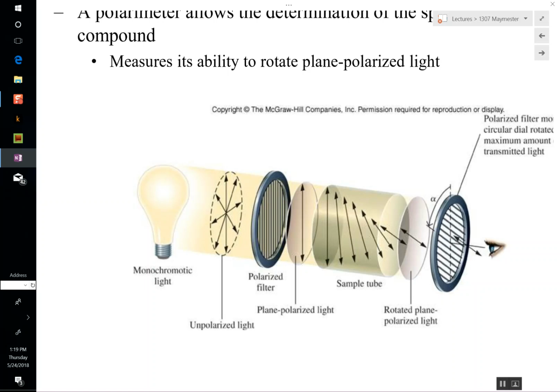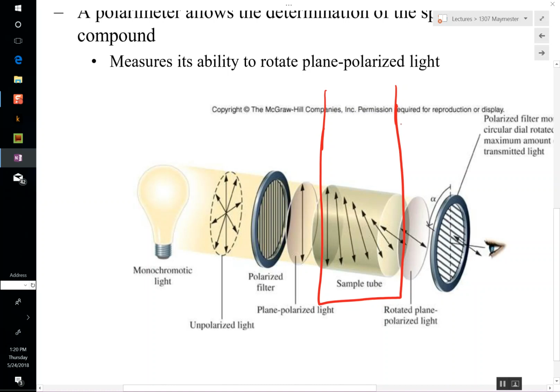Right here would be a little container, like a test tube or a cuvette, with your glucose in it, in water. It's in solution, and you pass polarized light through it. The polarized light coming through one particular isomer of glucose will get rotated.